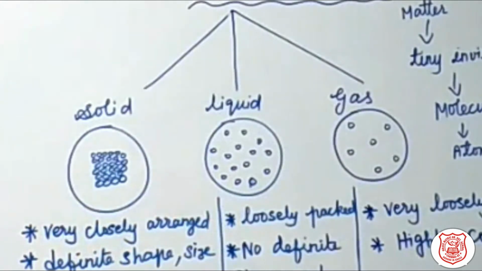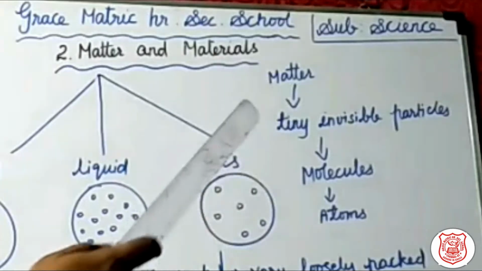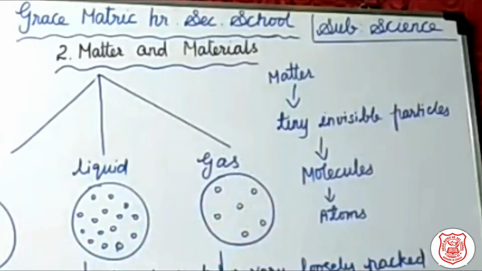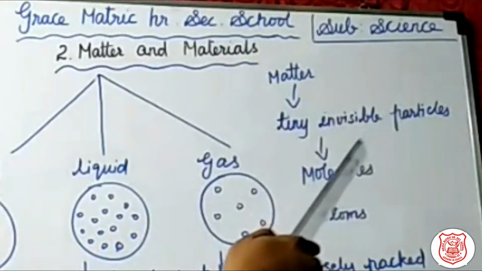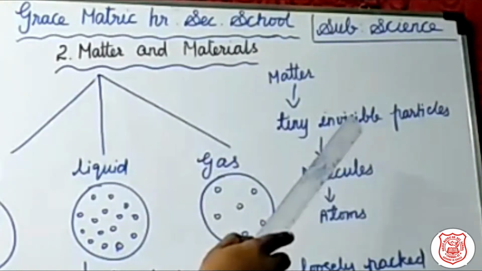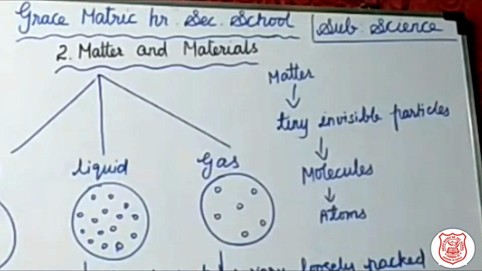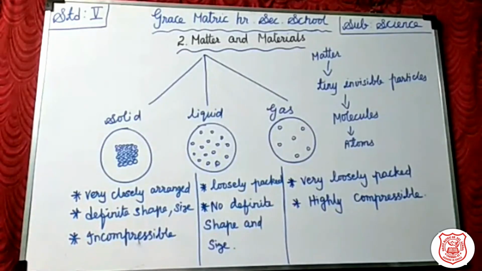This matter is made up of tiny invisible particles. These tiny invisible particles are called molecules, and the molecules are made up of atoms.